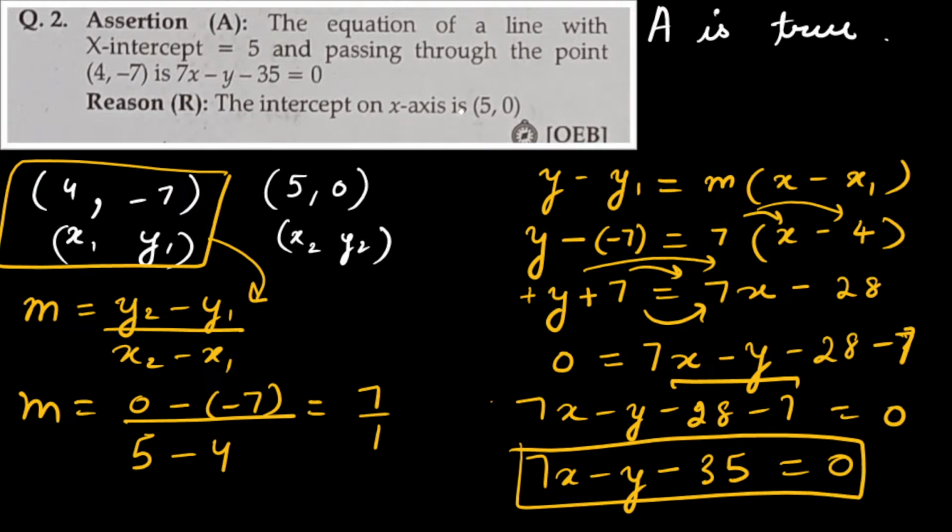The intercept on the x-axis is 5, 0. What about R? They are telling the intercept on the x-axis. The x-intercept they have given us is 5, and we have already found the intercept is 5, 0. So that is also true because the value of the x-intercept is 5, and in coordinate form it is 5, 0.